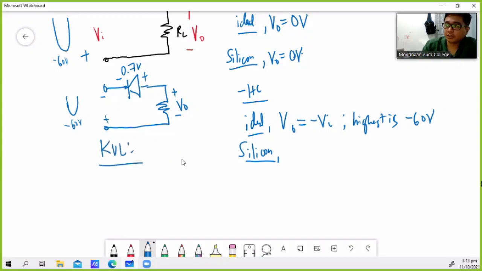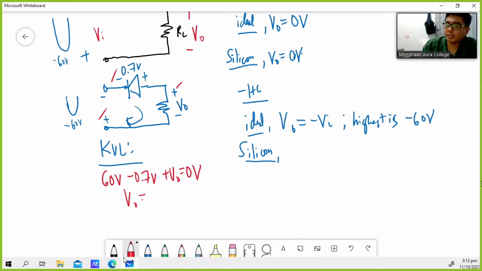Yan. So dito tayo, clockwise. We will use the clockwise direction. So papasok ka una dito sa positive. So that would be plus 60 volts. Okay? Or plus Vp. Papasok ka dito sa negative. So minus 0.7 volt. Papasok ka dito sa positive. So plus V out is equal to 0 volts.